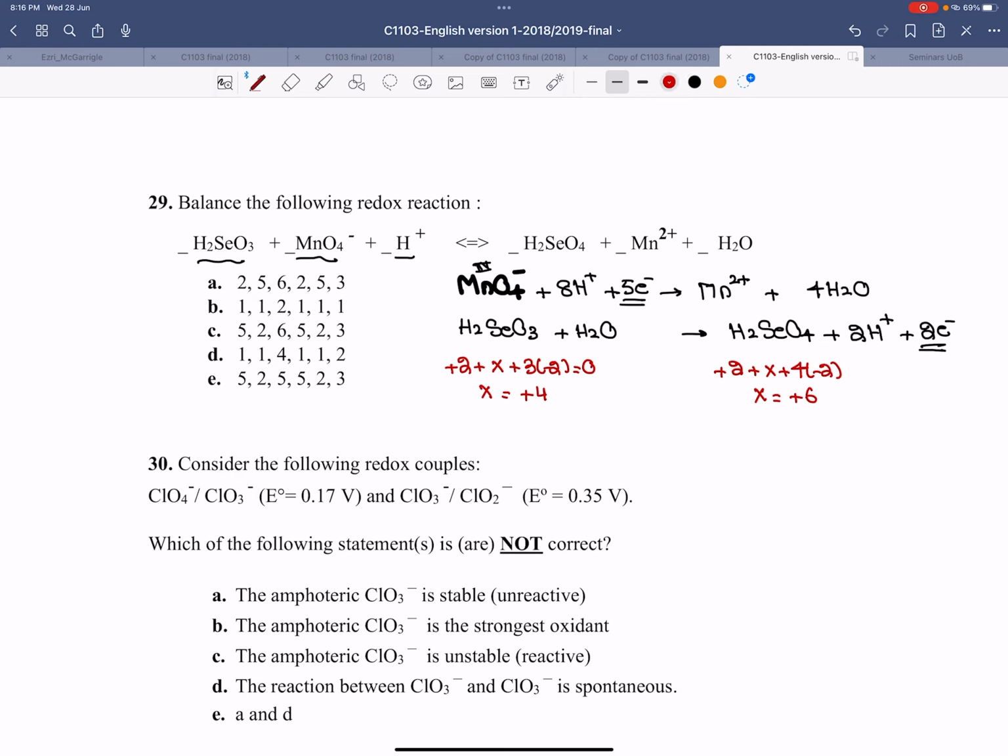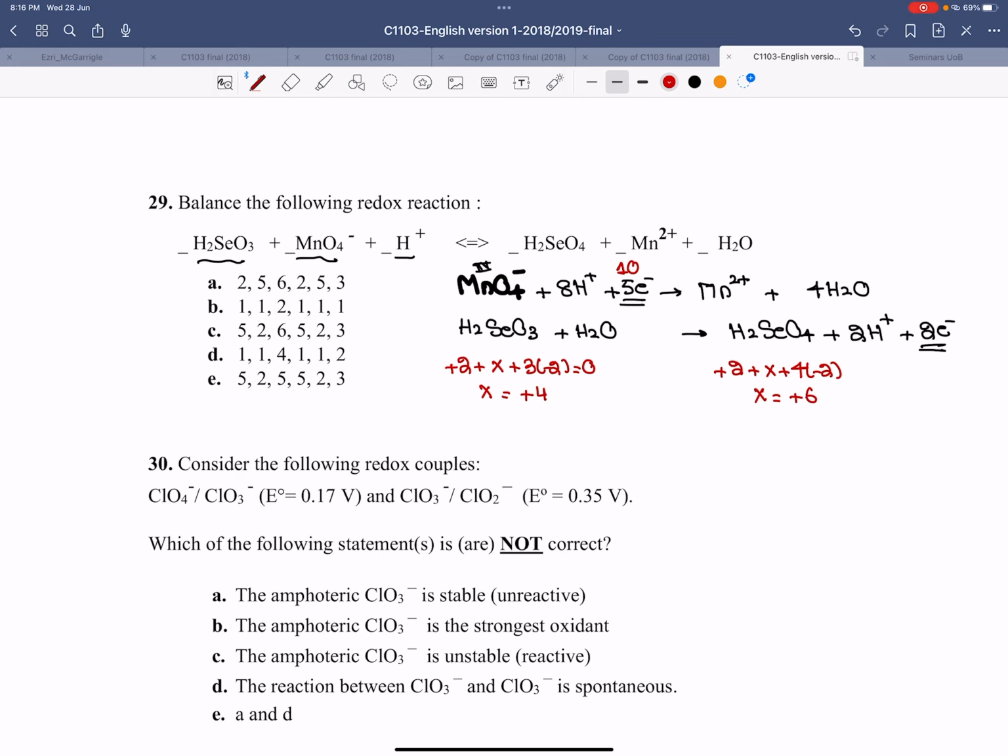What you do is you change 5 and 2 into a common factor, which is basically 10. It means that you have to multiply this by 2, the entire series.